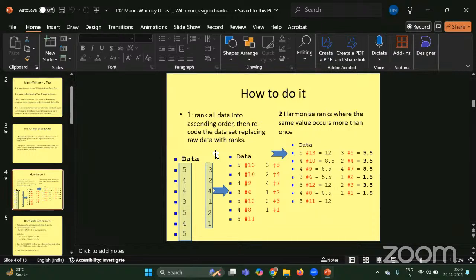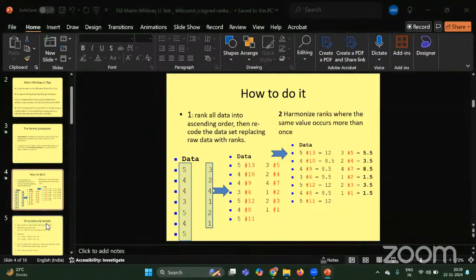Not only that, it is not from where you need to find out the mean, but only the rank is given between two groups. In this case, you are going to use the Mann-Whitney U test. These are two groups.